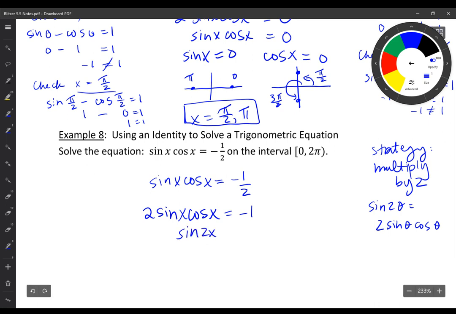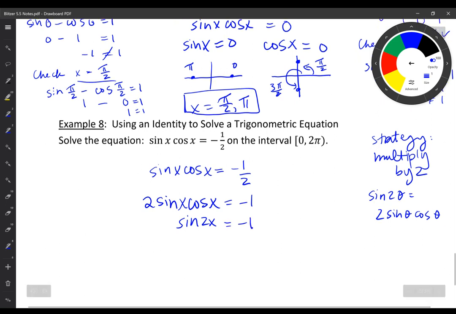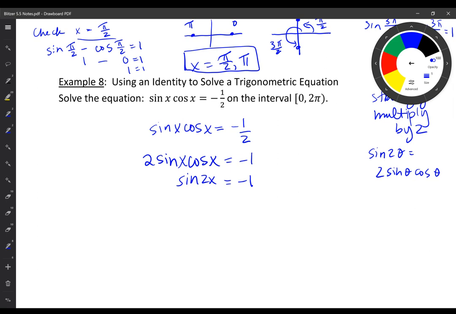So to write it as a double angle, I'm literally doubling the angle, equals negative 1. And so now I have something to work with. My sine is already isolated. I do have a multiple angle problem though, so I have to look for more answers. If this is negative 1 over 1, this is my y, this is my r. And so I'm looking at y is negative 1. This would be the only spot at 3 pi over 2.